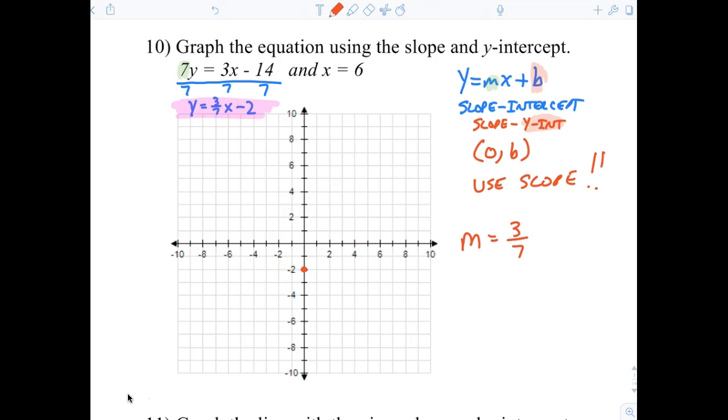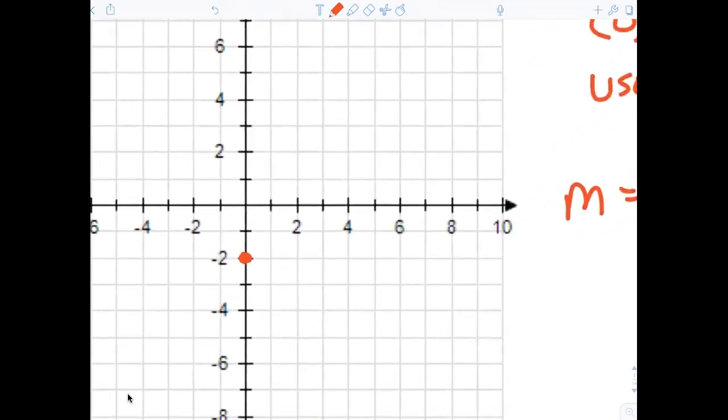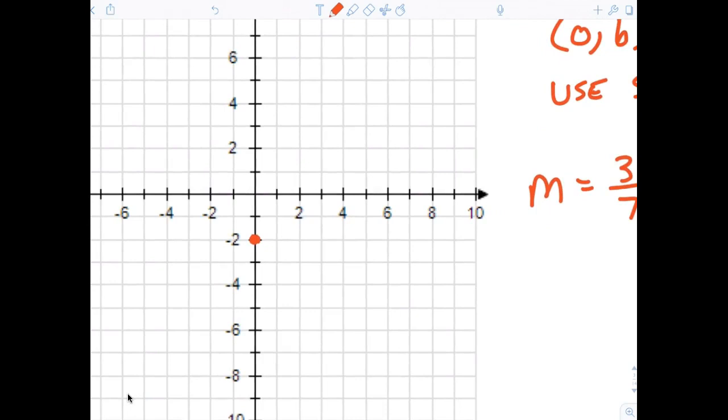So if the slope is 3/7, what does that mean I do from this point? Go up 3 and over 7. That's how simple it is. Now, I don't like to say over. I like to say right or left. So we're going to go up 3 and right 7. We're going right 7 because it is positive, and we're going up because it is positive.